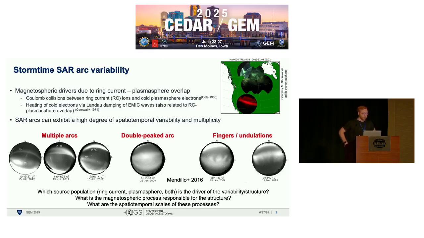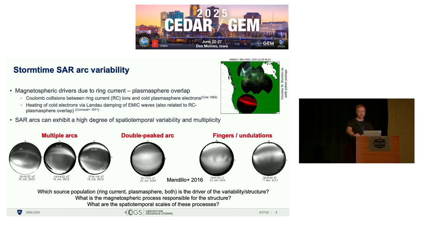And so when you combine that with the fact that star arcs have actually been shown to exhibit a high degree of spatial temporal variability and multiplicity during storms, as demonstrated in some of these examples from a really nice paper summarizing it, this indicates that we have these really complex interactions between these two magnetospheric source populations during storms.